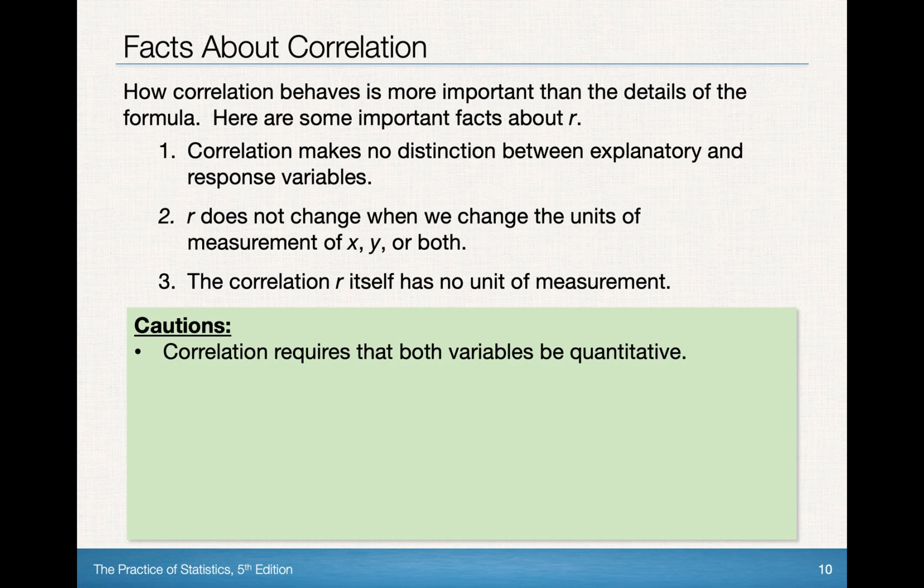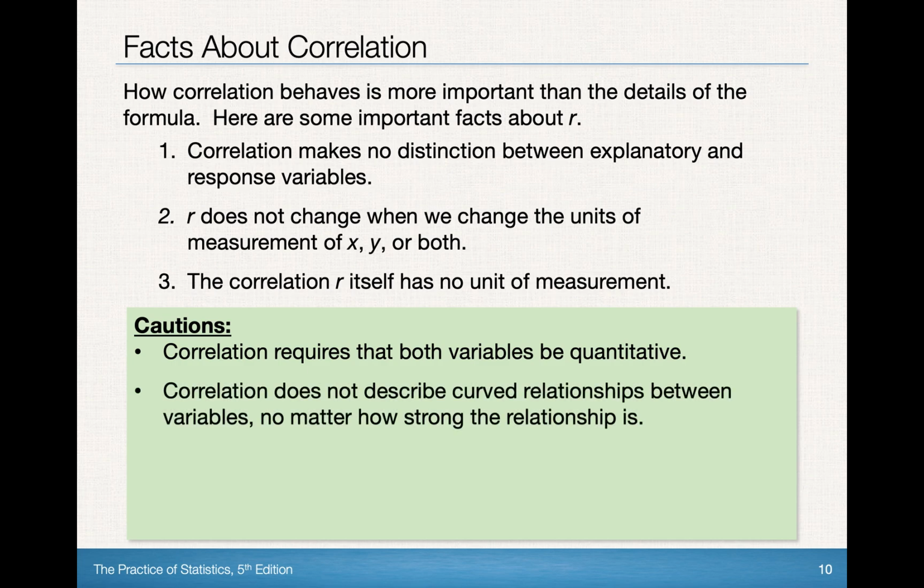So when we talk about correlation, be careful. Correlation requires that both variables be quantitative. You can't use correlation when talking about categorical data. Correlation does not describe curved relationships, no matter how strong it is. If something is perfectly quadratic, you cannot use R because R is just for linear relationships.